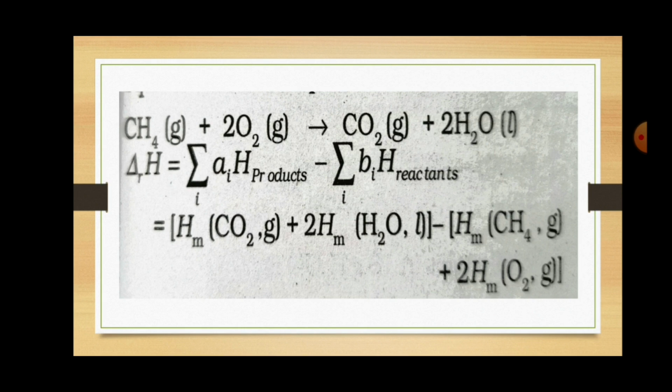Hm means the molar enthalpy value, which is taken from the literature. So Hm of methane CH4, only one molecule, gaseous, plus 2 times the molar enthalpy value of O2 in gaseous form.